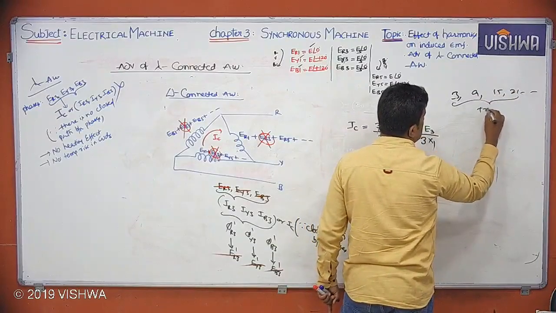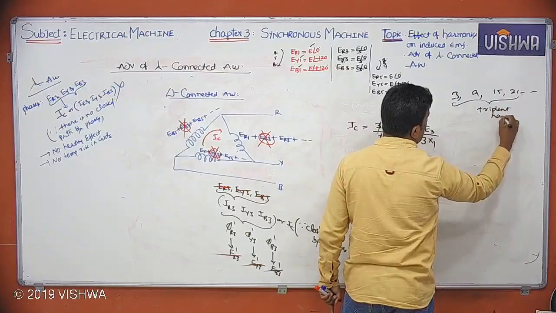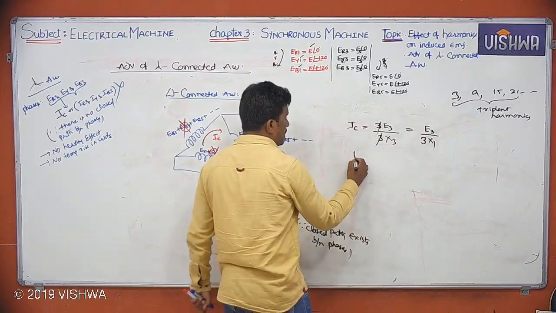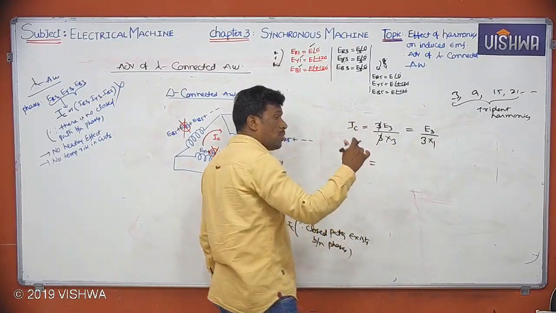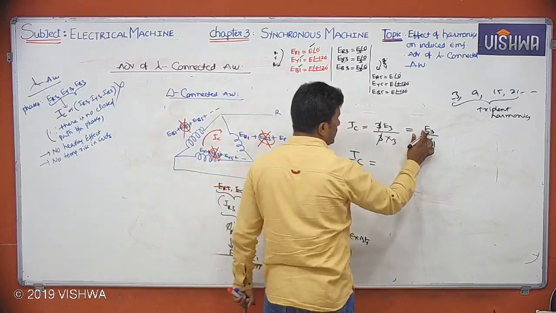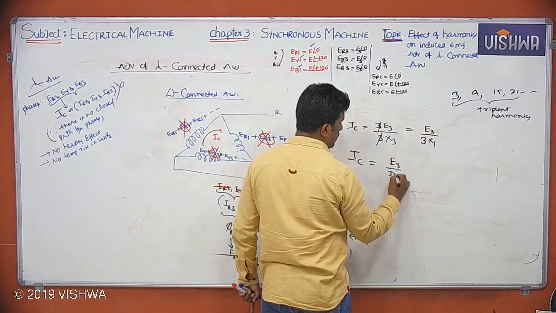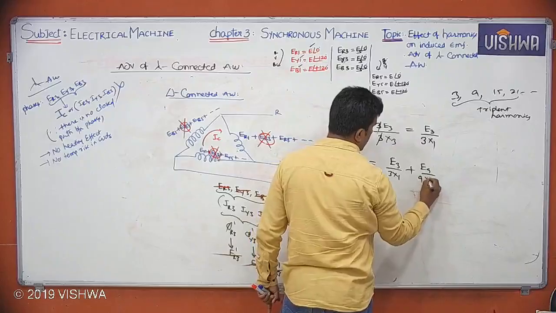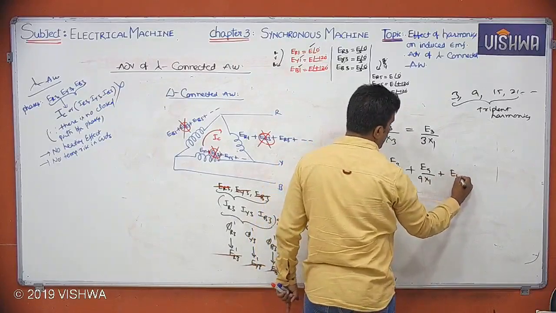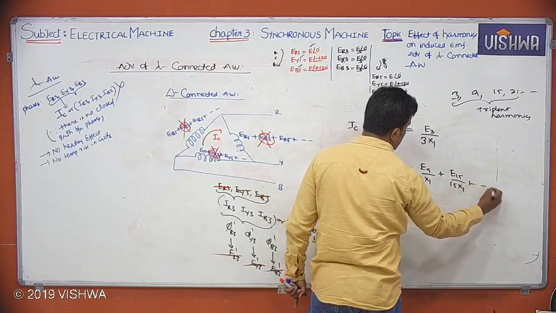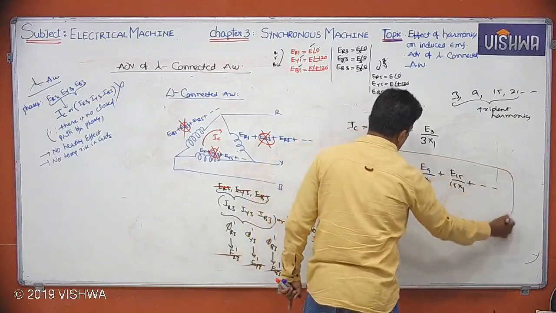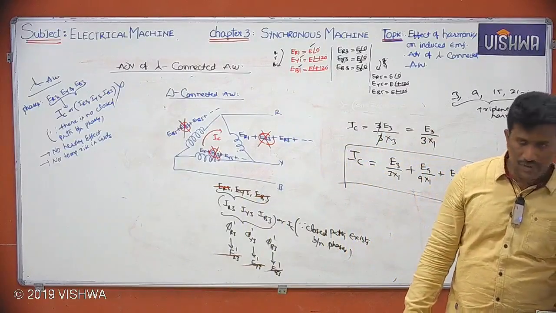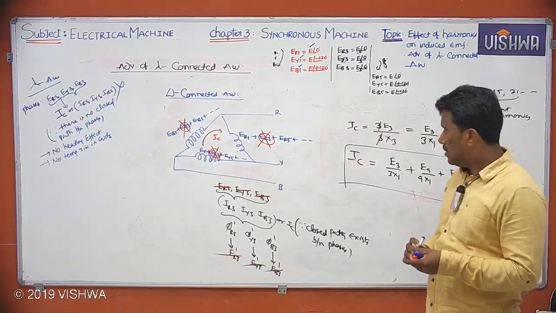These are called triplen harmonics. Now circulating currents in general due to triplen harmonic voltages: for the third it is E3 by 3X1. Next, E9 by 9 times X1 plus E15 by 15 times X1 plus and so on. So this is the formula for circulating currents. Just note it down: E3 by 3X1, E9 by 9X1, E15 by 15X1 plus and so on.